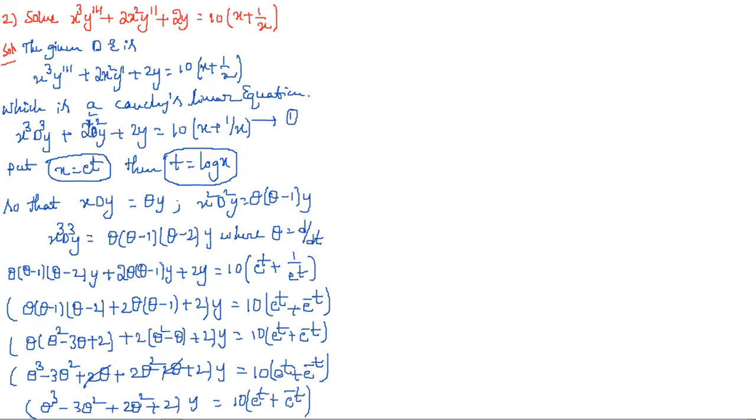If we simplify this, theta cube minus 3 theta square plus 2 theta square is nothing but theta cube minus theta square plus 2, into y, is equal to 10 into e power t plus e power minus t.